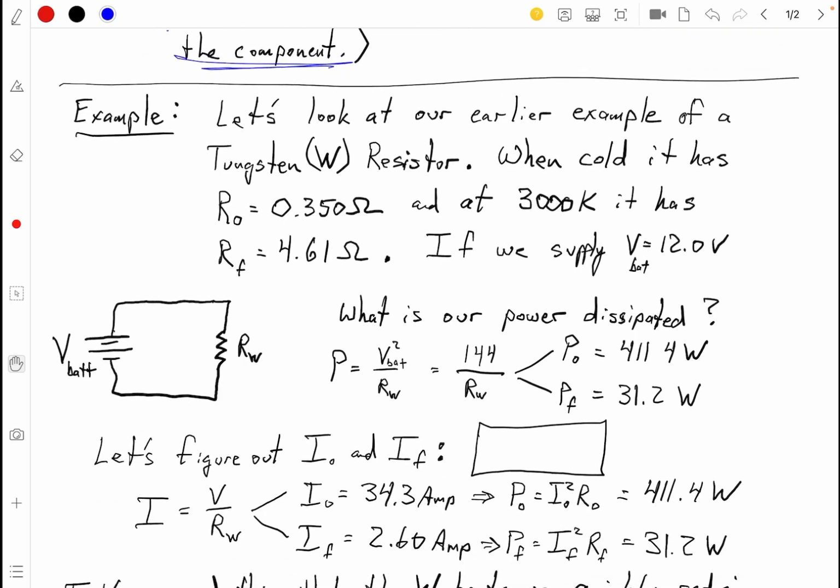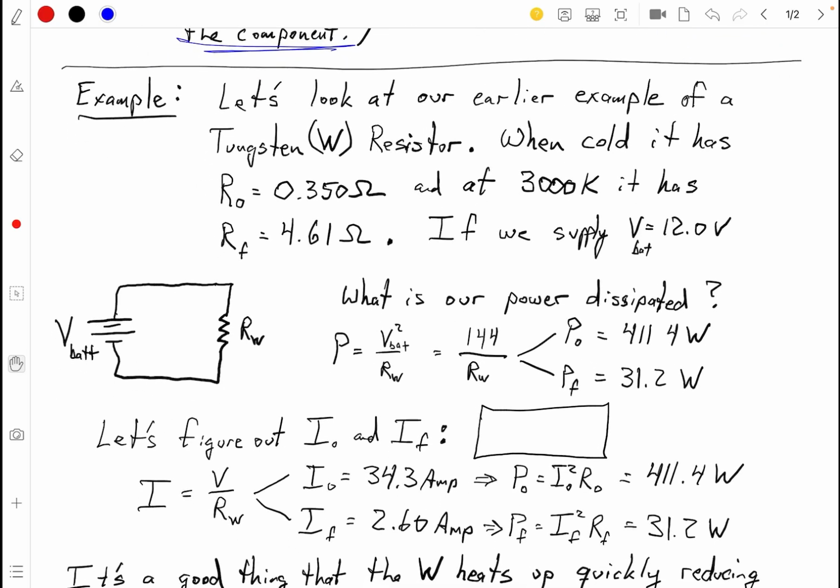Okay, so let's look at our early example in the last lecture of the tungsten resistor. When it's cold, it has a resistance of 0.35, and when it's hot, it has the resistance of 4.61.